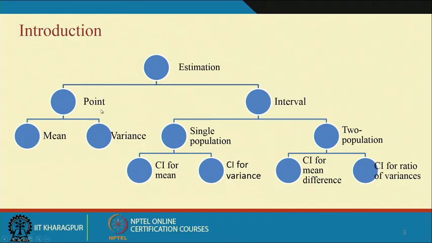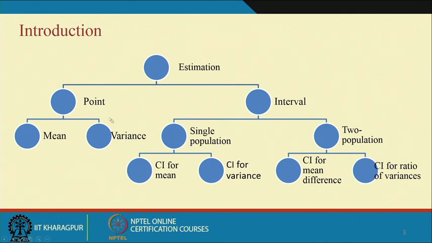As a result, estimation is of two types, point estimation and interval estimation. When we say point estimation, suppose your sample average is 10, then we say this 10 is the point estimate of the population mean mu. Similarly, if the sample variance is 4, then the estimate of the population variance will be 4.